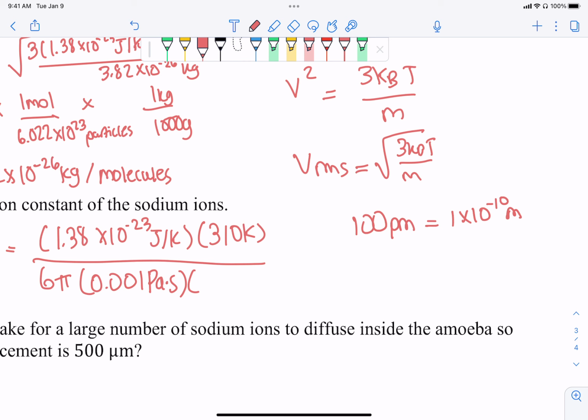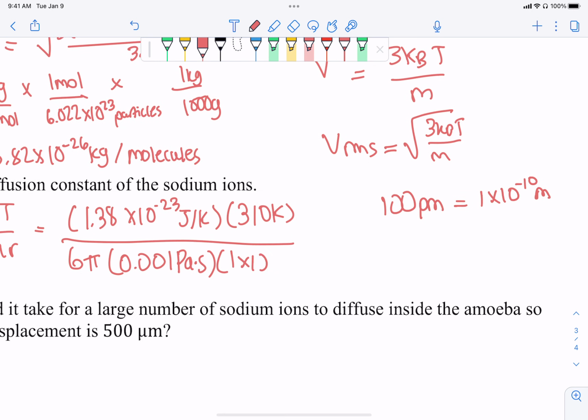Yeah, if I'm not mistaken. Let me check it real quick. So this is 1 times 10 to the negative 10 meters.